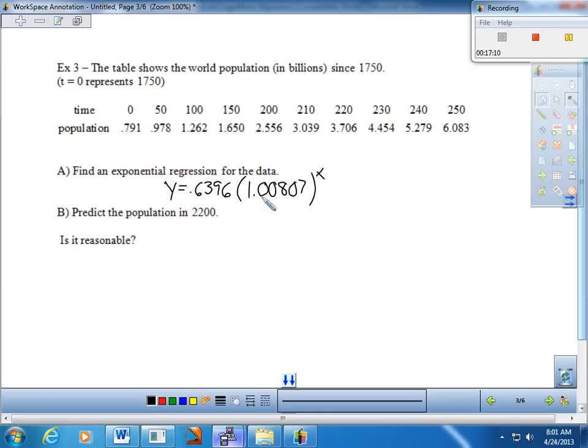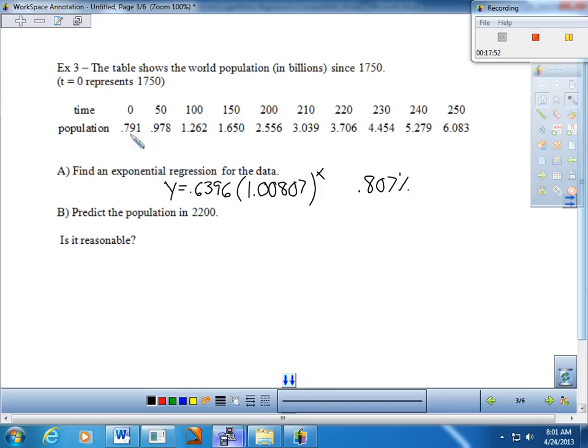So I see r as 0.00807, which as a percentage, and here's what's kind of fascinating, is less than 1% per year. So the population of the world has been growing, just according to this model, by less than 1% per year. But again, you can see over such a long period of time how powerful that growth can be.